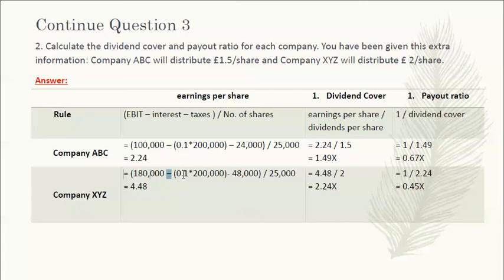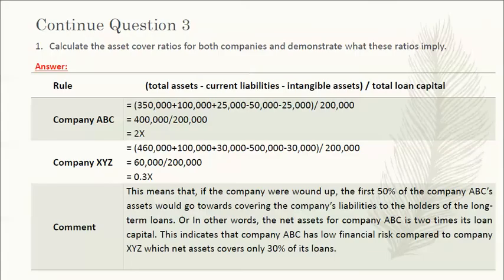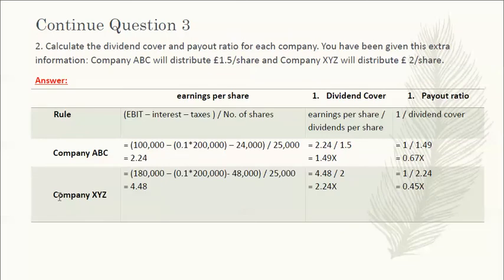And also here we get the number of shares by dividing the share capital by the share amount, 250,000 divided by 10, so I get 25,000. So the earnings per share here for company XYZ will be 4.48.